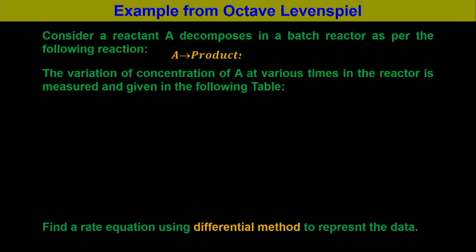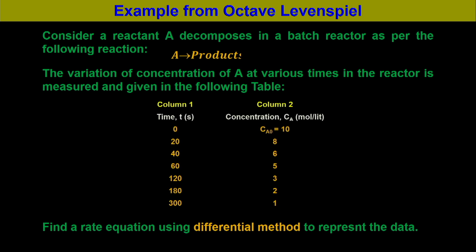So, this is the table where column 1 represents the time and this is the concentration. Now, we need to find a rate equation using differential method of analysis to represent the data.